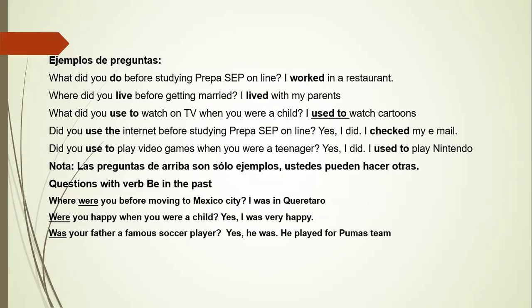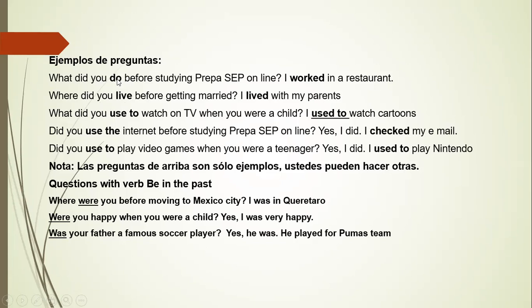Remember how to make a question in past. We have a question word, like in this case, what, where, and after the question word, we have the auxiliary. What is the auxiliary that we use for the past simple? We use did. After the auxiliary, we have the subject, and then we have the verb.